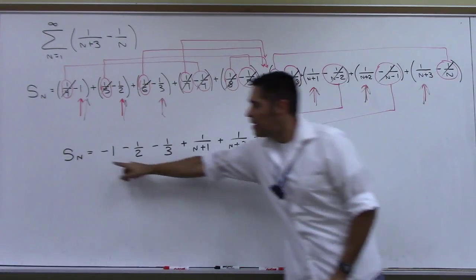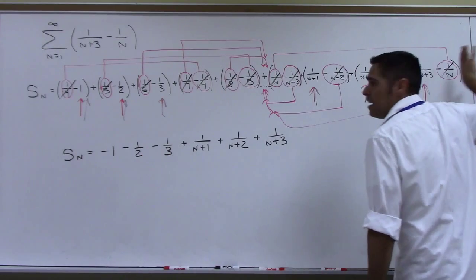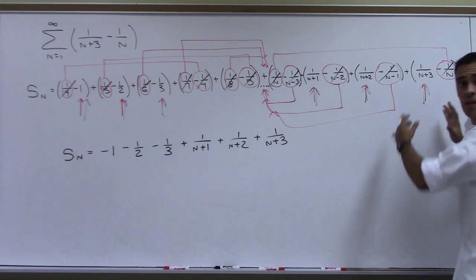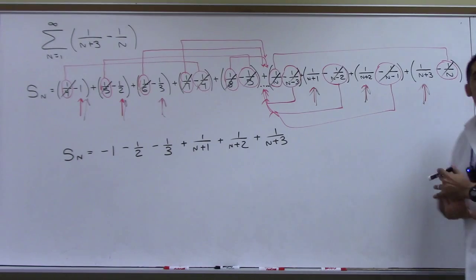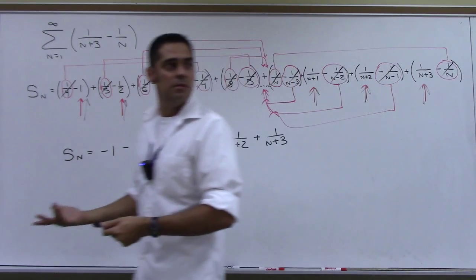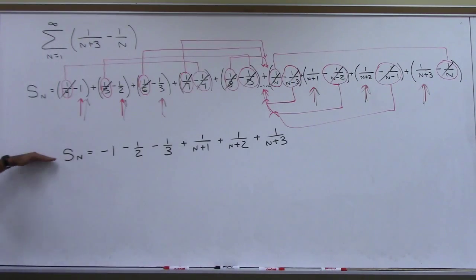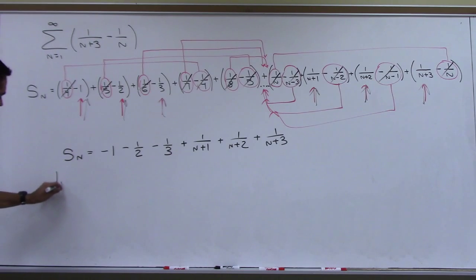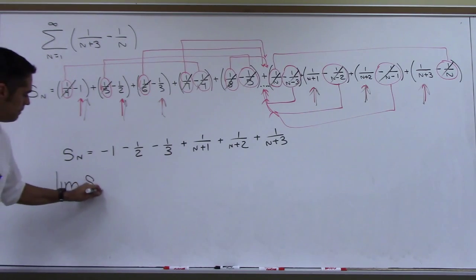As I make n bigger, it pushes this side out, doesn't it? Makes this sum longer. And what I want to know is what happens as n goes to infinity now. So all you have to do is take the limit of this as n goes to infinity, and that's the answer. So what is the limit as n goes to infinity of S sub n?